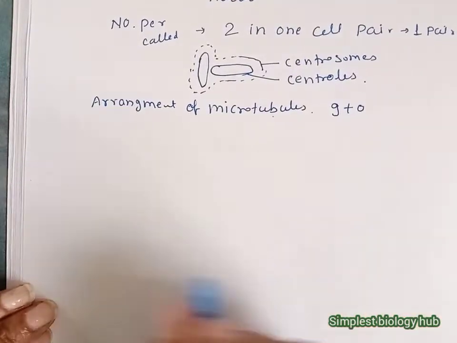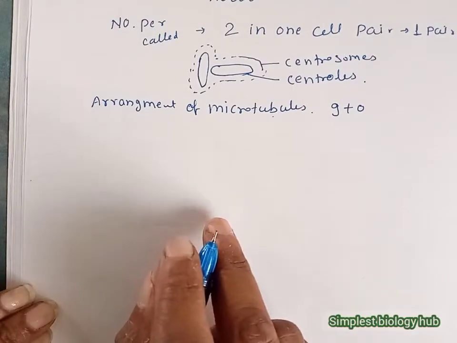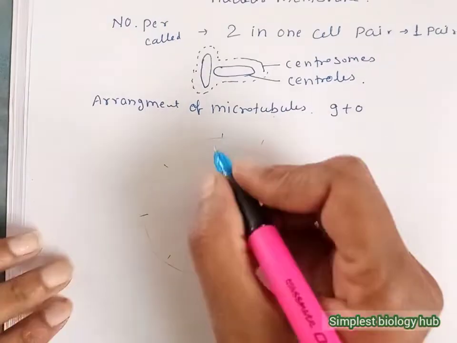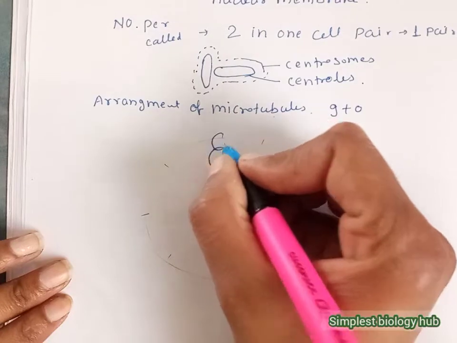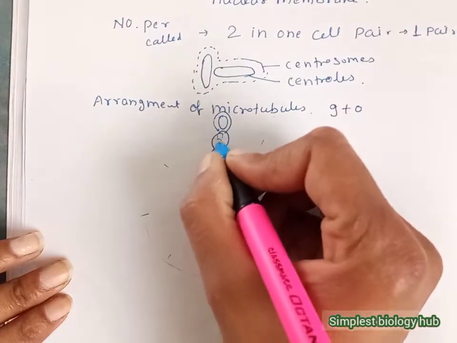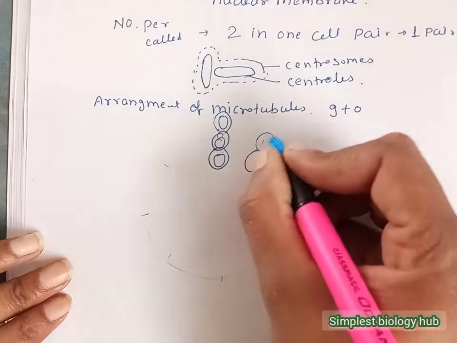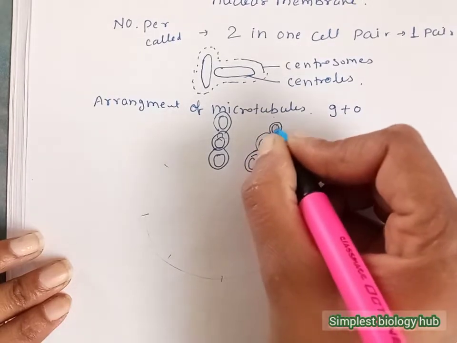We try to draw here the structure of the centrioles. They are found in triplet form, and these are the double walled structure. Here we draw all the triplets.